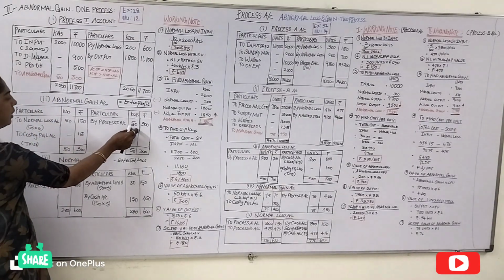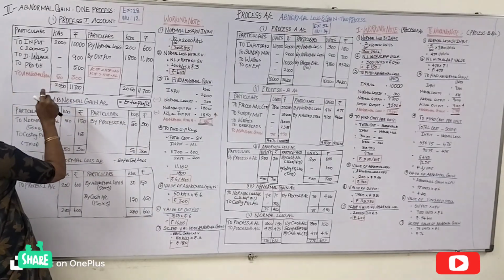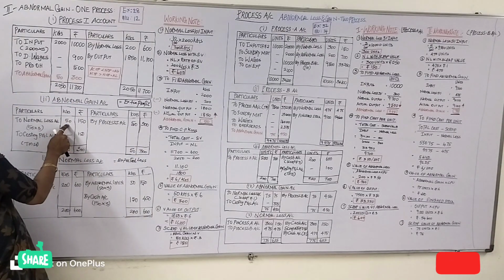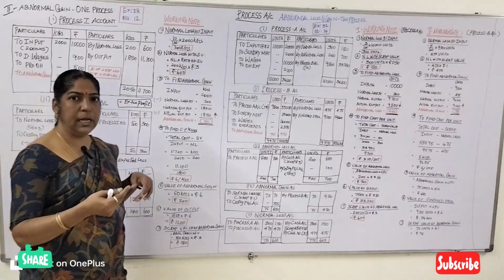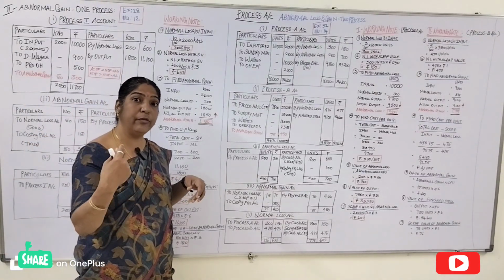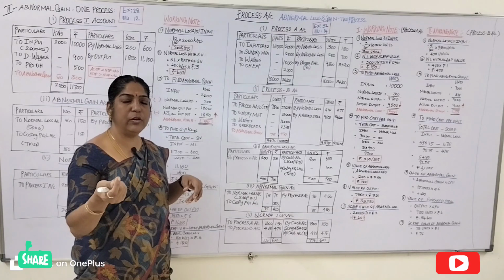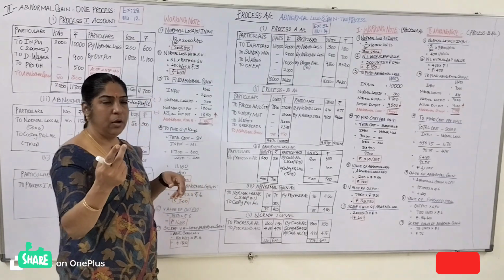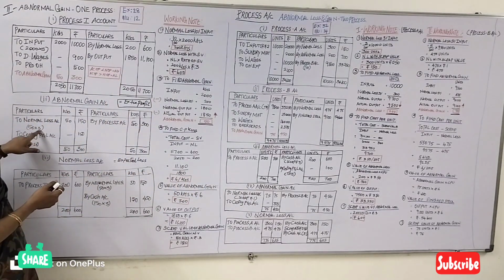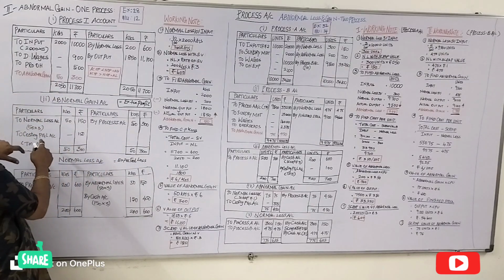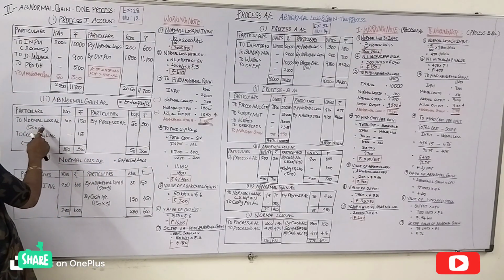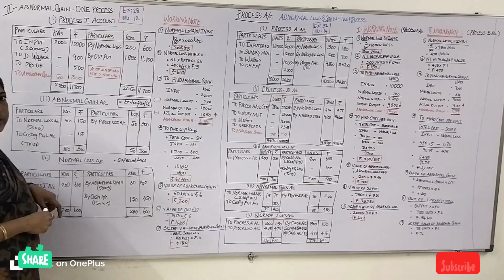So what about that 50 kgs of abnormal gain? We will get it through scrap value, through selling. What is the scrap value? They have given in the question 3 rupees. What about that 50 kgs? 50 into 3 rupees, you got 150 rupees.